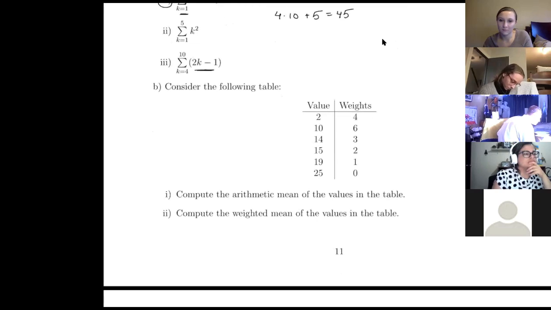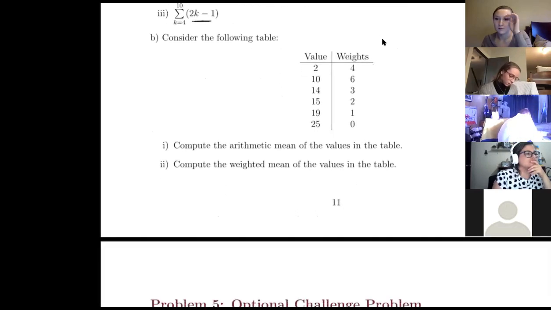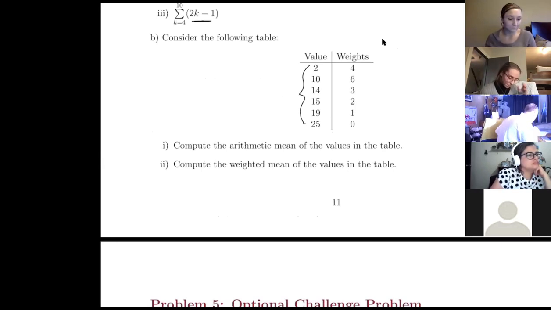Okay. So B is arithmetic mean and weighted mean. So arithmetic mean is just typical average. You add up all of these values and you divide them by how many there are. And then weighted mean is a little bit more complicated.